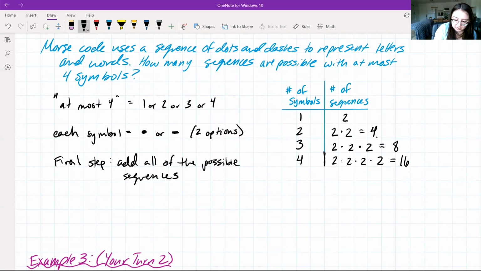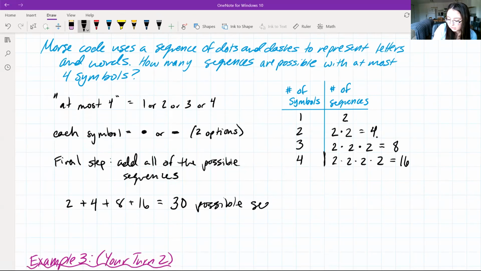For our first one, we had 2. For our second, we had 4. Third, we had 8. Fourth, we had 16. And when we add these up, we get that there are in all 30 possible sequences.